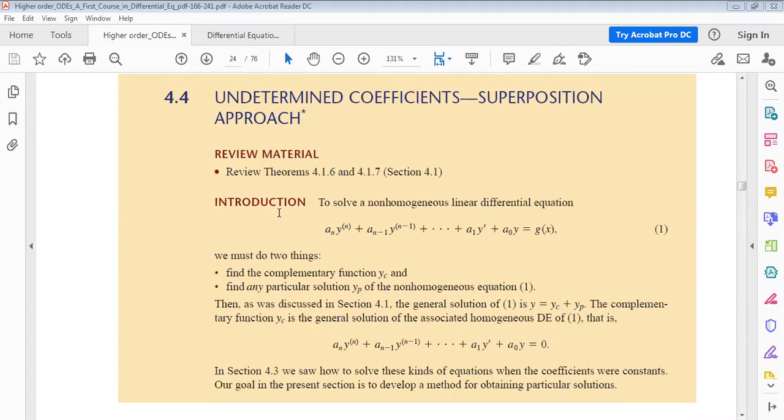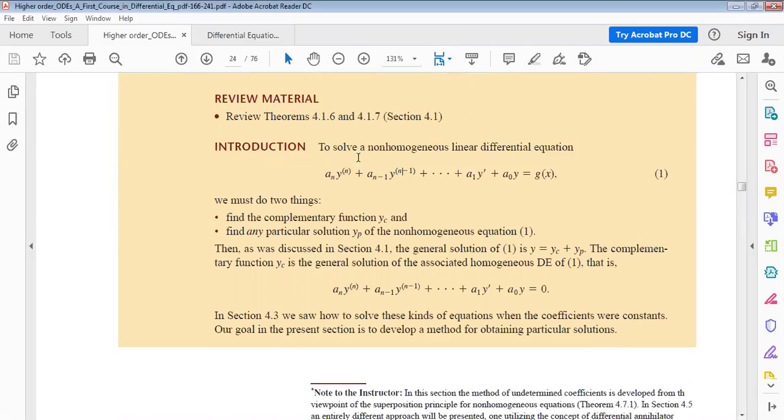As an introduction, how to solve a non-homogeneous linear differential equation. This is the nth order non-homogeneous linear differential equation, equation one, because the right hand side is a function of x and it's not equal to 0. We must know that if the right hand side is 0, then the differential equation becomes homogeneous. Since the right hand side g of x is non-zero, this is a non-homogeneous differential equation.